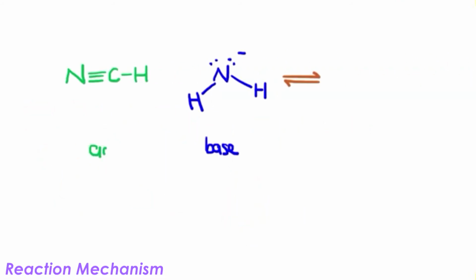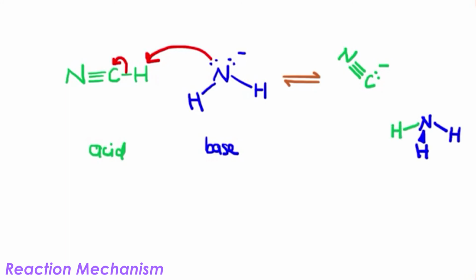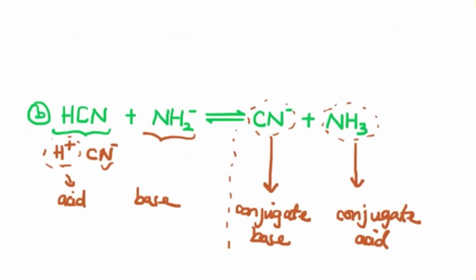And while on this one over here, the amide picks up a proton right here and then forms ammonia, and this ammonia here is considered to be a conjugate acid. So when you have the left side considered to be the acid, the conjugate base looks like it is an acid, but just think about the product as the opposite of the function of the pair on the left side of that particular reaction.